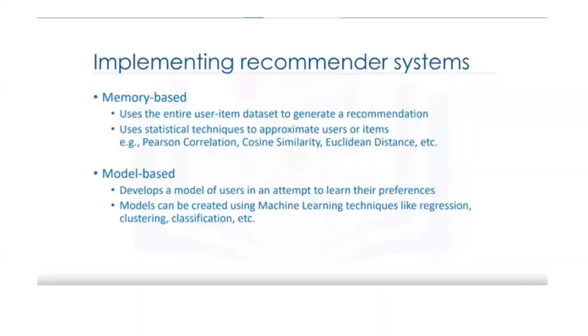Okay, so again, when it comes to implementing, you can have a memory based recommender system, or you can have a model based recommender system. Model based is something where you just train once and then deploy it, and based on that it will predict and recommend.